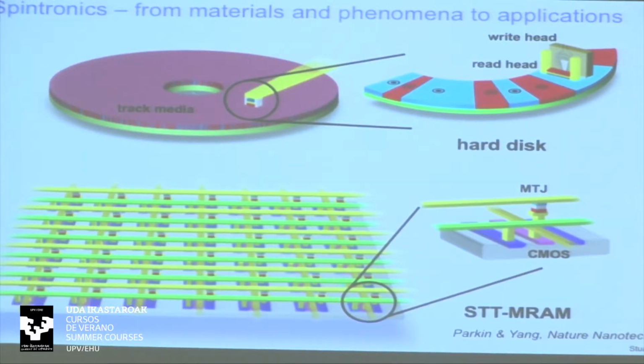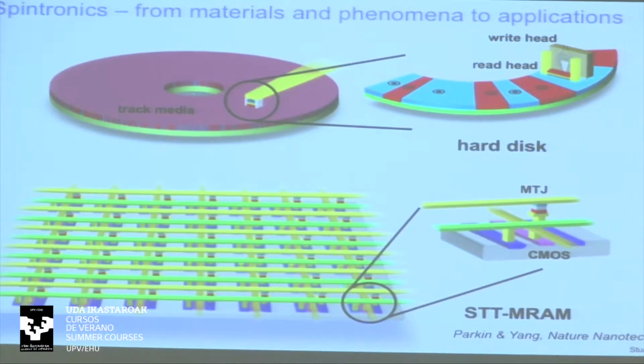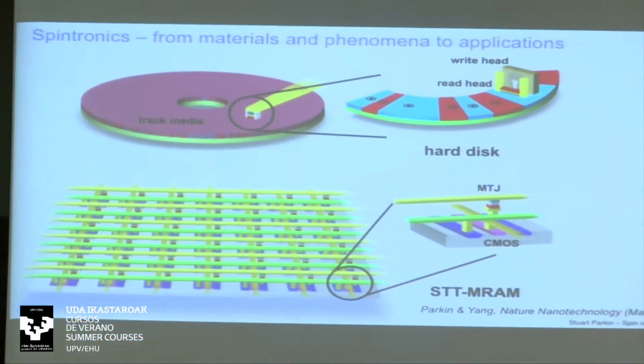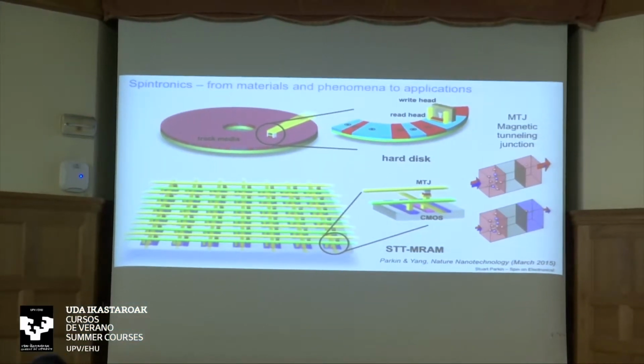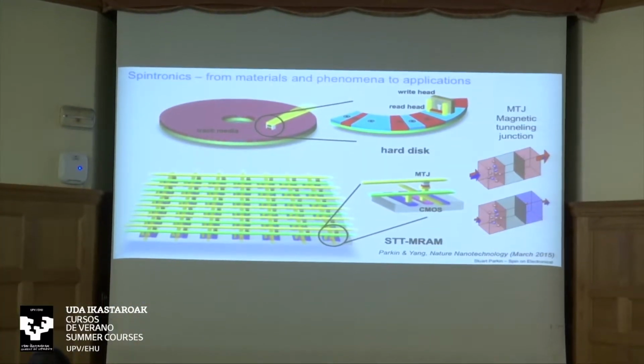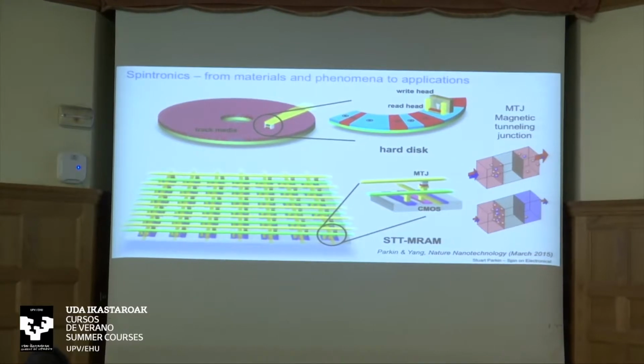And then coming up will be a new application, potentially the second most important application, which is to develop non-volatile memory technologies using spintronic devices to store information. And this looks like this. A magnetic tunneling junction is basically a simple sandwich of two magnetic layers separated by an insulating layer.